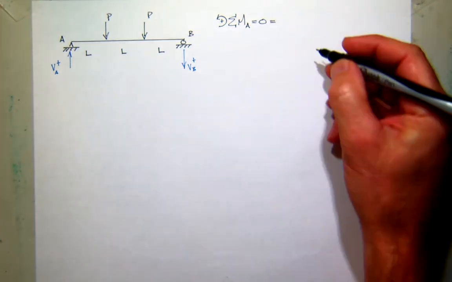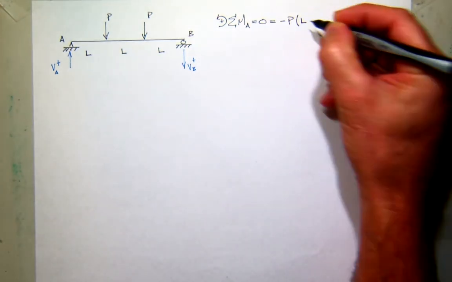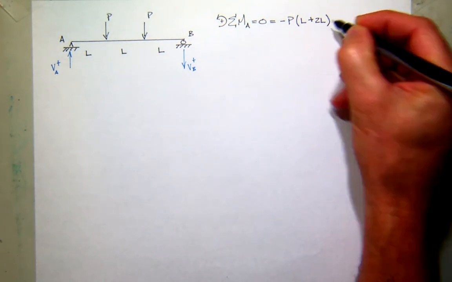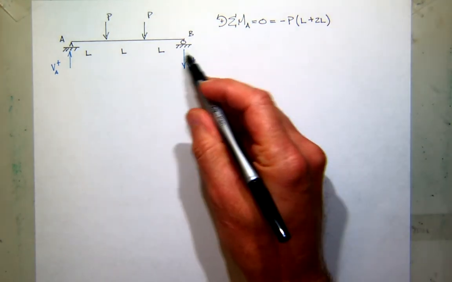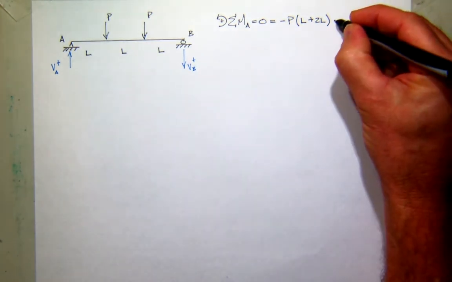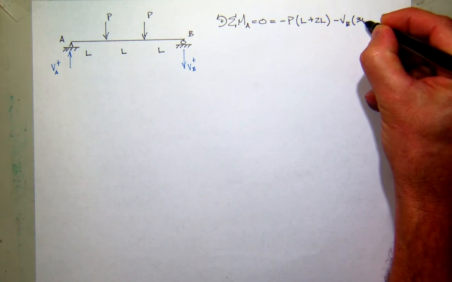Positive or negative? Negative. So I have a negative P force. The first one has a moment arm of L. The second one has a moment arm of 2L. And then what kind of moment does this positive shear force at B create about A? Negative, also negative. And it will have a moment arm of 3L.